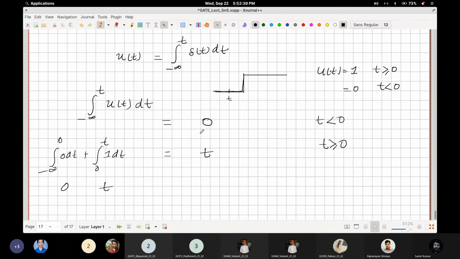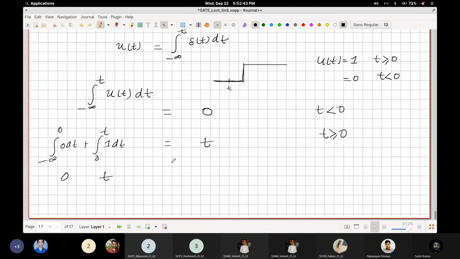And what do we call this function? r(t), right? So you can write that the integral from minus infinity to t of u(t) dt is equal to r(t). And similarly, since differentiation is just the opposite of integration, in engineering we take this minus infinity to t as integration.